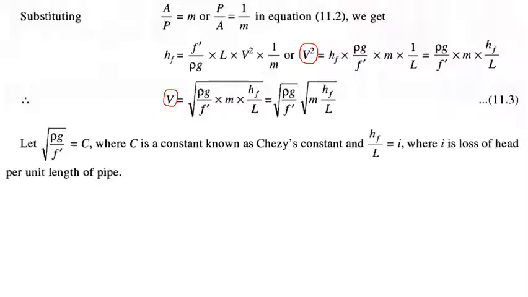So let square root of rho g by f dash become C, where C is a constant called the Chezy's constant. Then the term hf by L is denoted by i, where i is the loss of head per unit length of pipe.